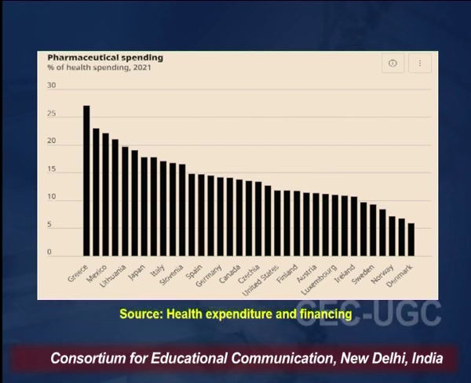These companies are spending a lot of GDP on pharmaceutical sciences and pharmaceutical products.